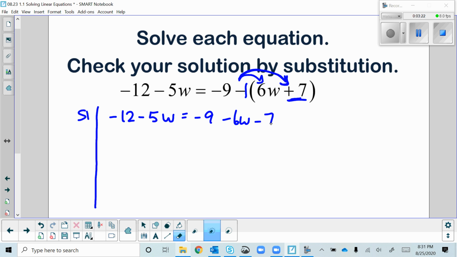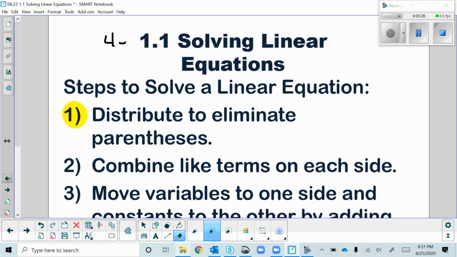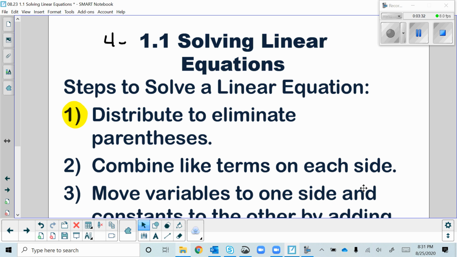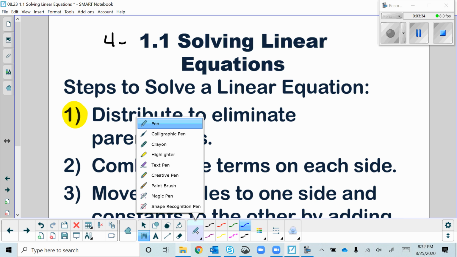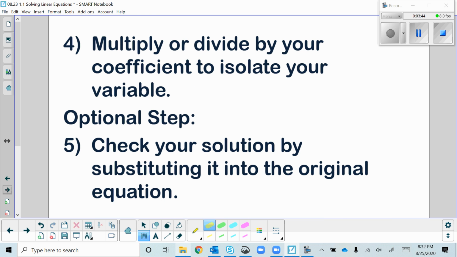Now take a second and go back and read step 2. You probably already read step 2 while I'm fiddling around with my tools. Okay, combine like terms on each side. So let's go back to that problem.